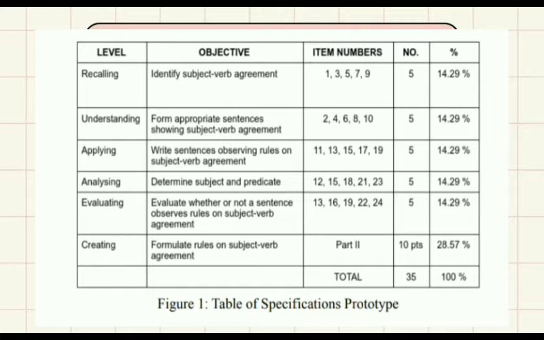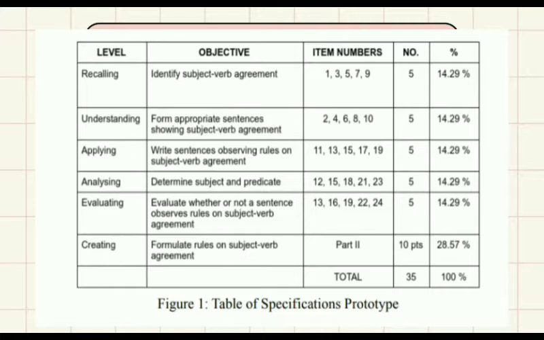So it has the level recalling with an objective of identify subject-verb agreement, and the item numbers correspond to the test numbers where we can find the exam items which answer the objective of identify subject-verb agreement, which can be found in test item numbers 1, 3, 5, 7, and 9, and it has 5 test items.